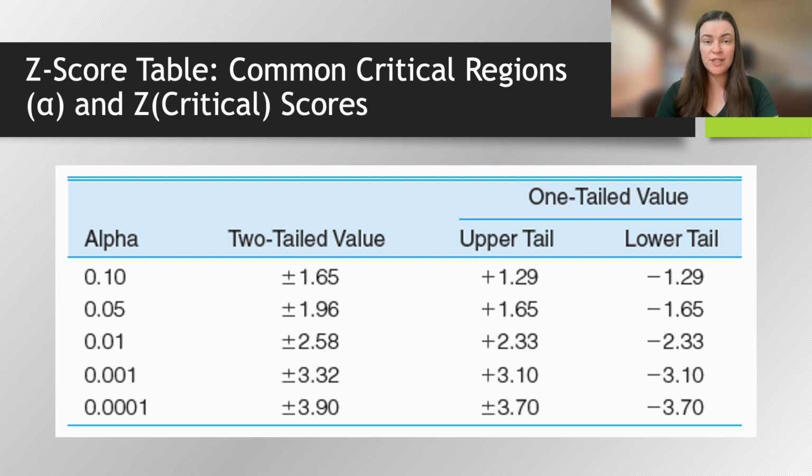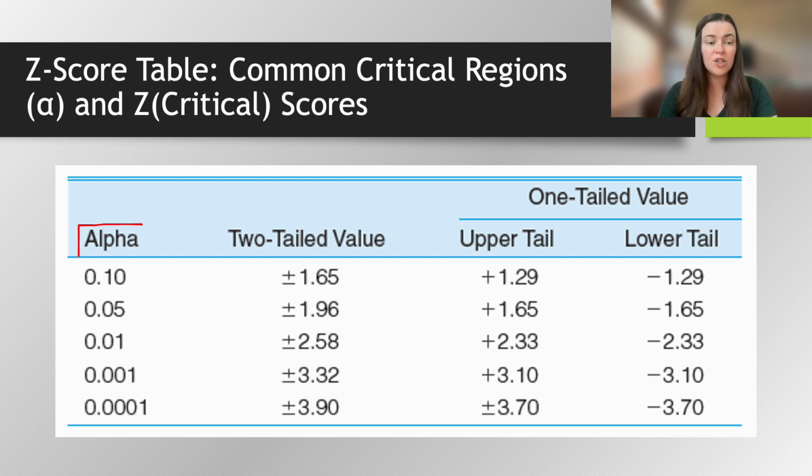Another critical reason we have to determine whether we are using a one-tailed or a two-tailed test is because it's going to determine our associated z-critical scores, those boundaries within our standard normal distribution. And so what you're looking at here are common critical regions for alpha cutoff scores.